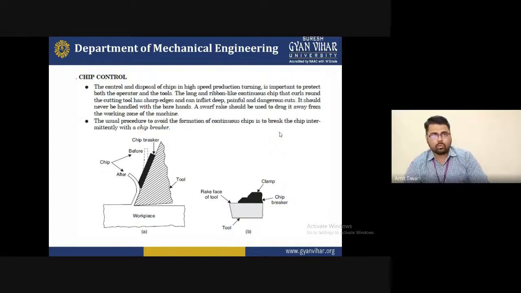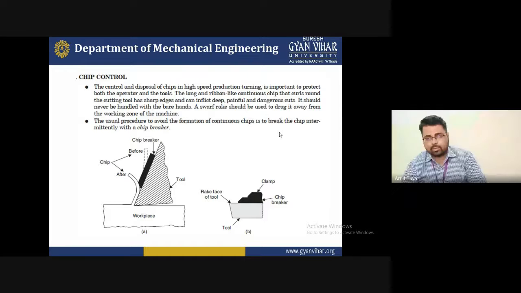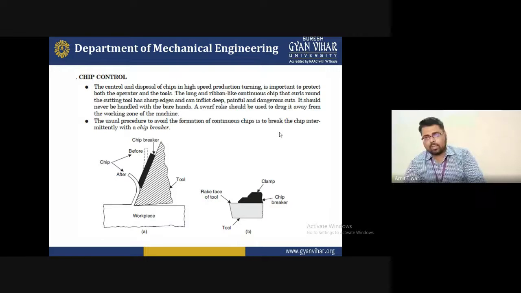We do not want the discontinuous chip, as I already told you in the previous lecture, lecture number three, that continuous chip is required rather than brittle discontinuous chip. But the selection of the material is the most important for generating this type of chip. Generally, ductile material produces the continuous chip, and brittle metal generates the discontinuous chip.